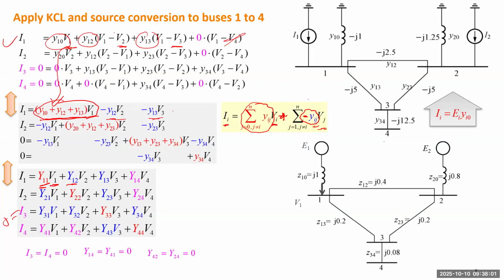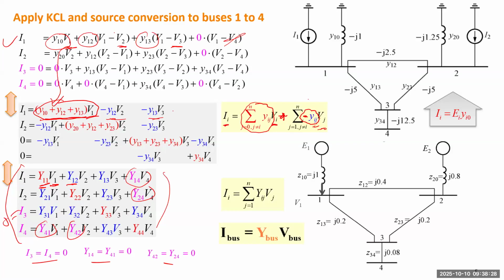You can just repeat for every bus. This is an even better standard, but for this case, we know any items in the magenta color will be 0, right? Those items will be missing. But when you create this standard equation, you can assume they are there, the whole thing.